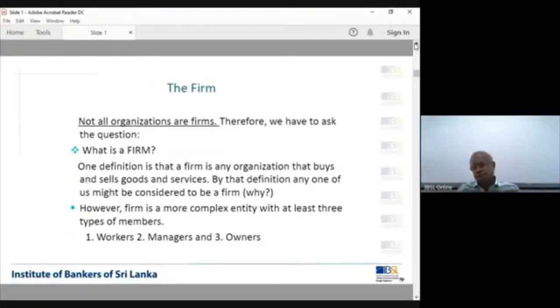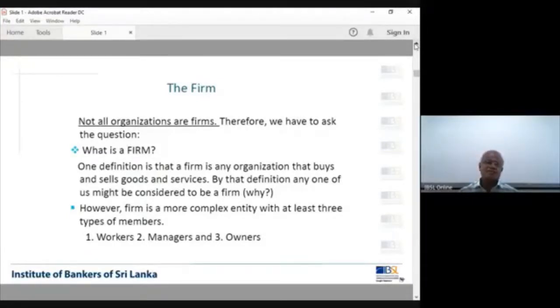Now, we divide all organizations into two, private and public. We discussed various types of private organizations, commercial versus non-commercial. Then the public organizations, under the central government, and others. Now we come to the basic question. Firm. Not all organizations are firms. That's obvious.